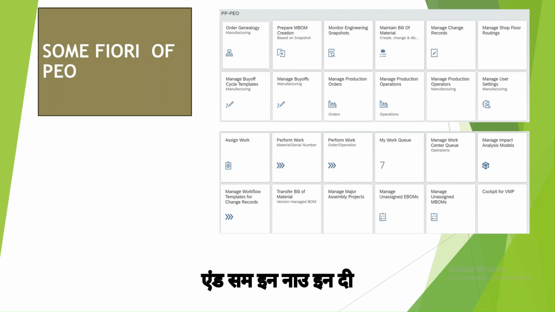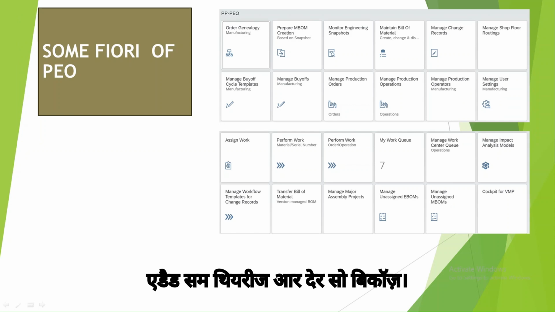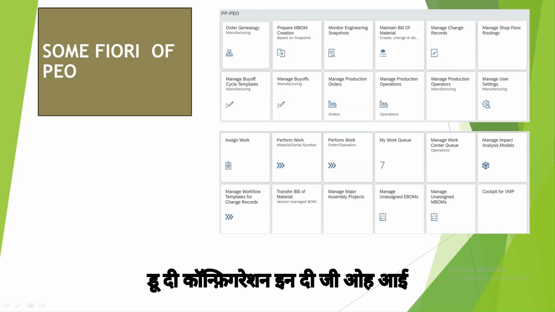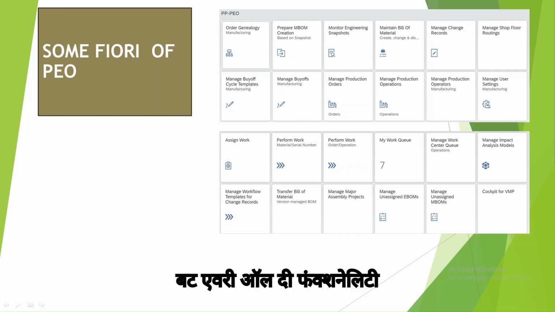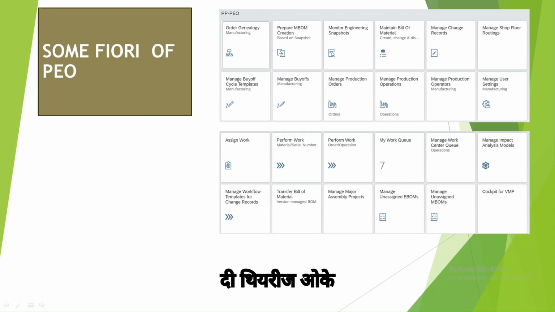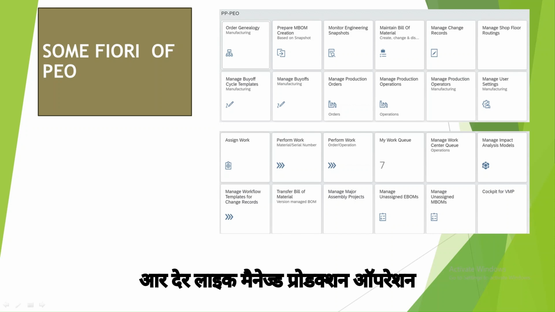Now in production engineering operations, they have added some Fiori apps. Mostly you will do the configuration in the GUI, but all the transactions you need to do in Fiori. Here there are some apps, like manage production operations, manage production operators, and manage production orders.